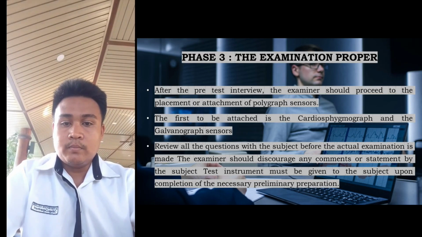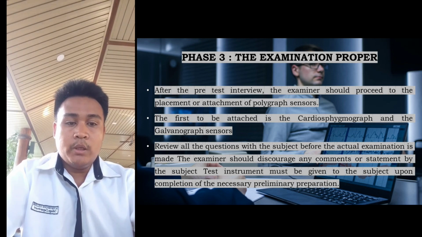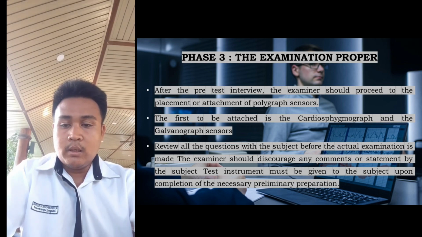Phase 3. The examination test. After a pre-test interview, the examiner should proceed with the placement or attachment of polygraph sensors. The first to be attached are the cardiopulmonograph and galvanograph sensors.